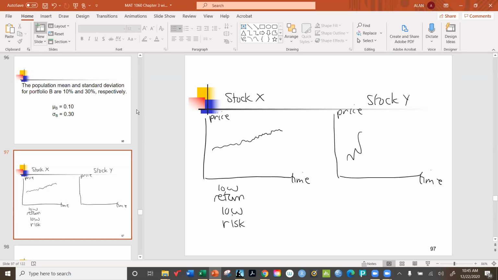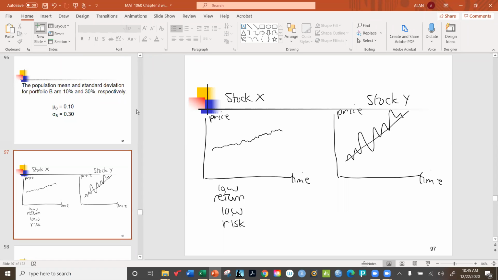Whereas here, look at that one. The prices are bouncing around all over the place, but look how rapidly it's growing. In other words, if I were to define a trend line through here, it's very steep. Over here, if I do that, it would be very flat.